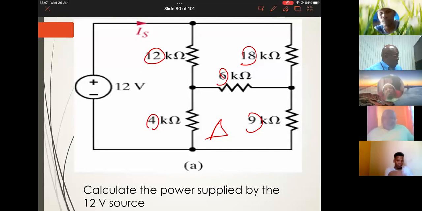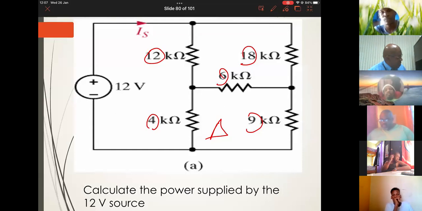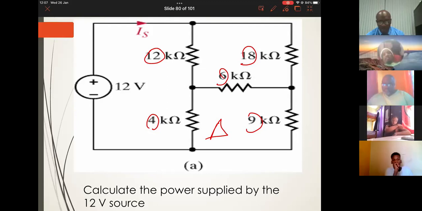Now, I know everybody hasn't gotten it, but you're going to practice until you do. You should get the same 14.4. Whichever of the stars you converted, you'll end up with 2 sets of 2 resistors in parallel, both being in series, and then that's in parallel with a single resistor.